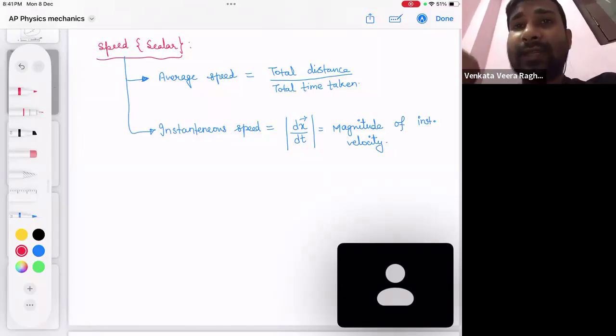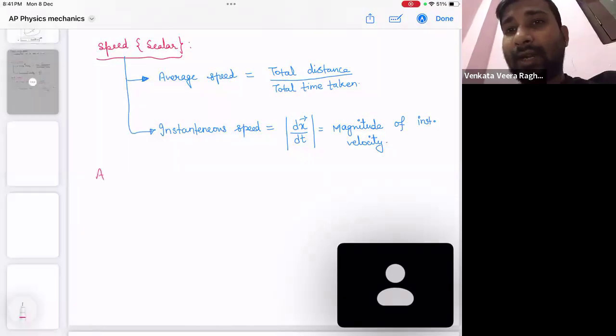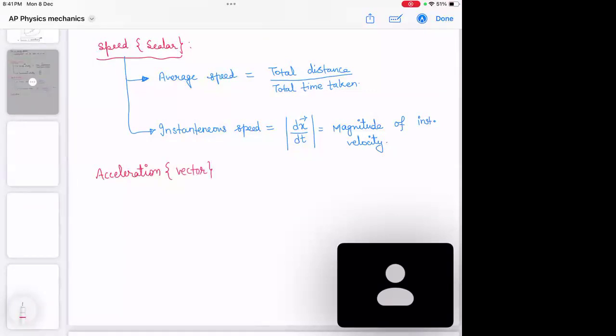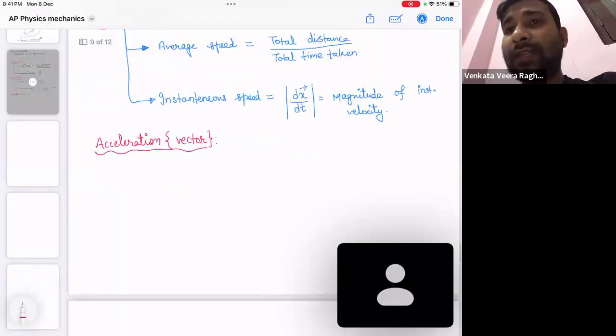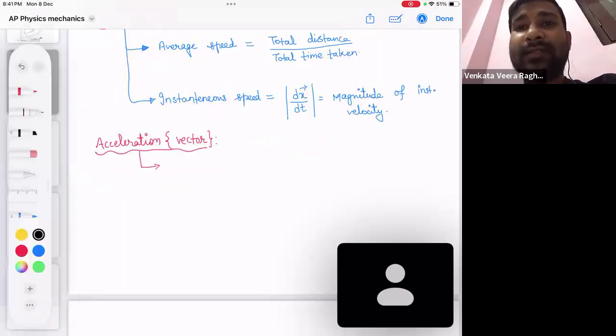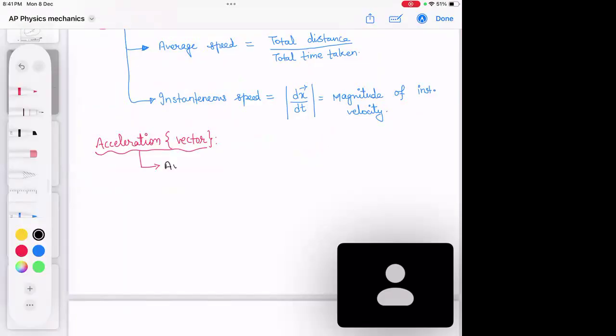So now the last thing, let's define it, is called acceleration. What is acceleration? Scalar or vector? Vector. It is a vector. So please tell me how many ways we can define the acceleration. Now you can guess it and tell me. Two.